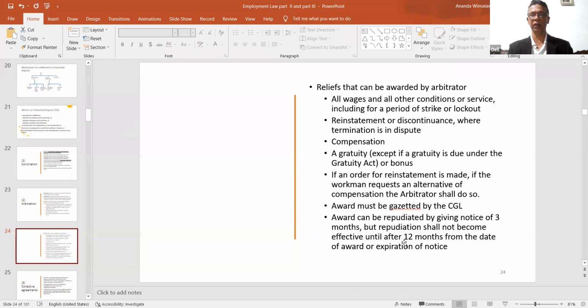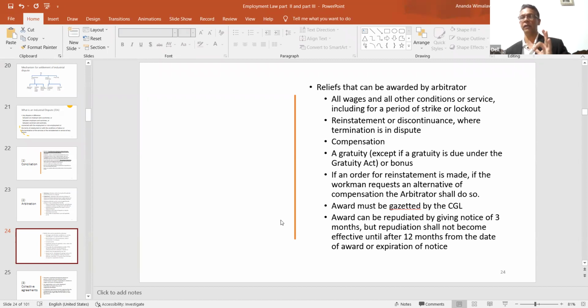Can anybody tell me? Diniti? Sanduni? No response? How do you define industrial dispute?